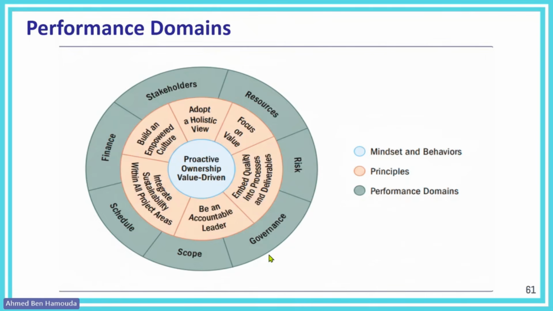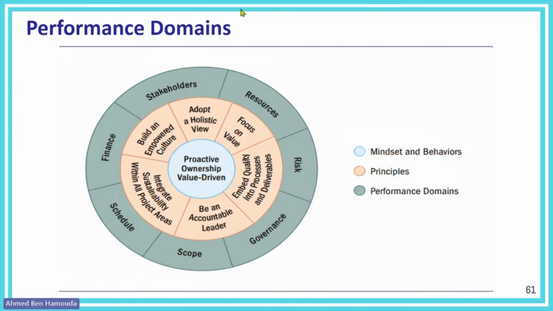Now, these principles, mindsets and behaviors, are also surrounded by the seven performance domains. Those of you who know PMBOK 6, and we talked about this in the last session, in PMBOK 6 there are 10 knowledge areas. The 10 knowledge areas mean what you need to know or focus on as a project manager when managing a project.